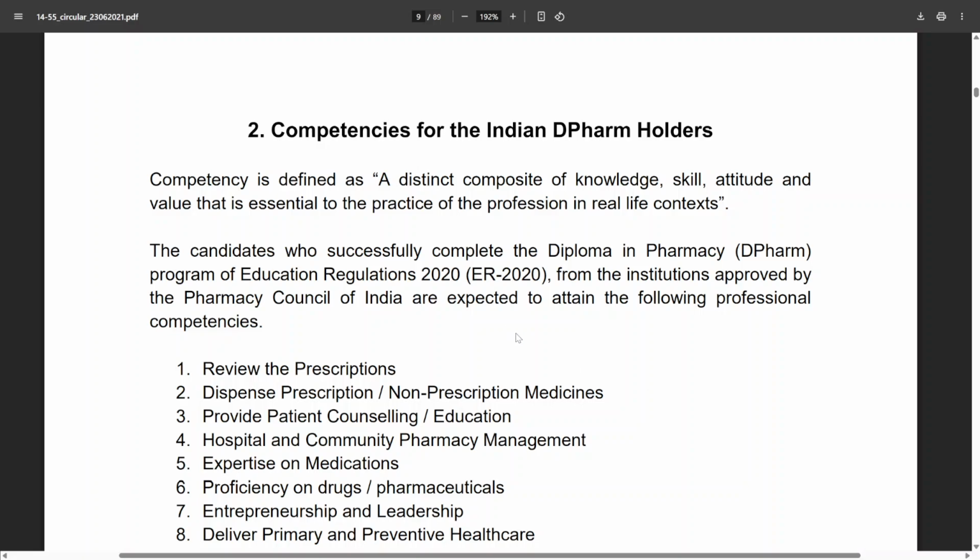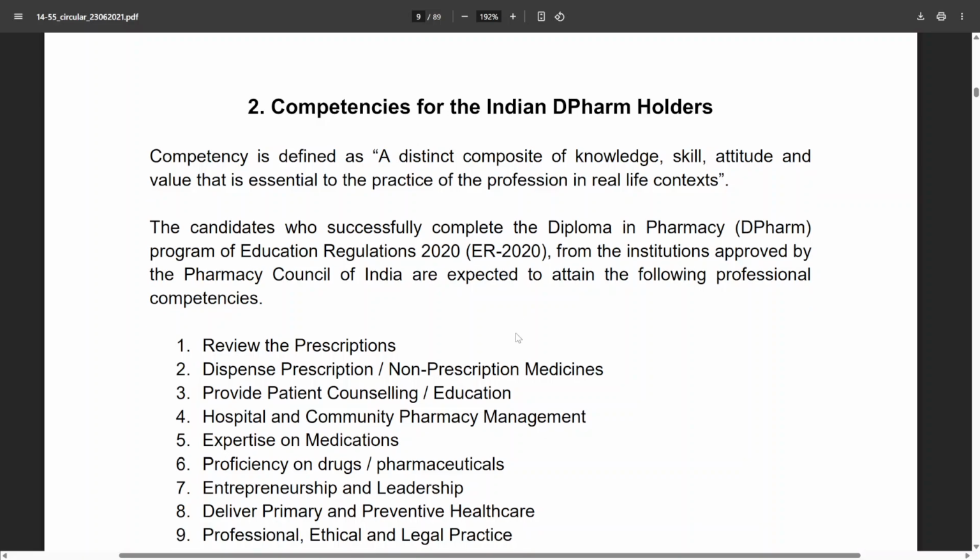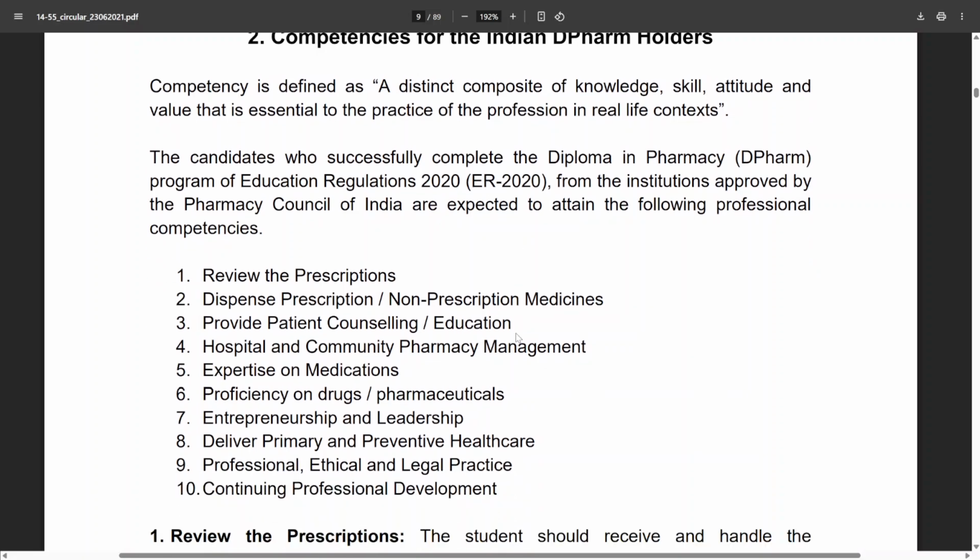So these competencies you must have if you are a pharmacist or are going to become a pharmacist. Review the prescriptions. Definitely you must have the capability to review the prescription.